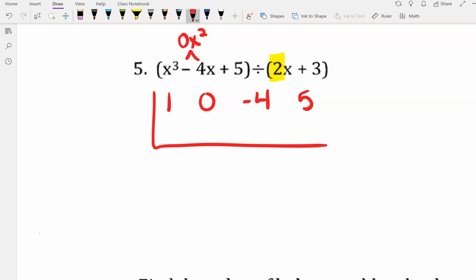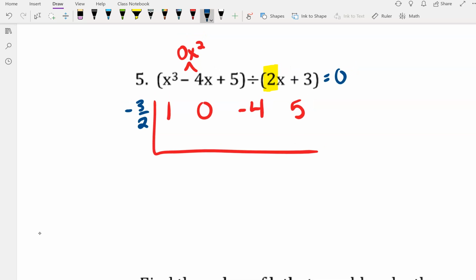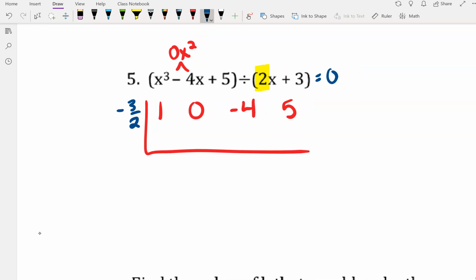All right, and then this part. To find the thing that goes on the outside, I set this equal to 0. I get negative 3 halves. But that's making it seem like my factor was x plus 3 halves. Right? If I have negative 3 halves on the outside.